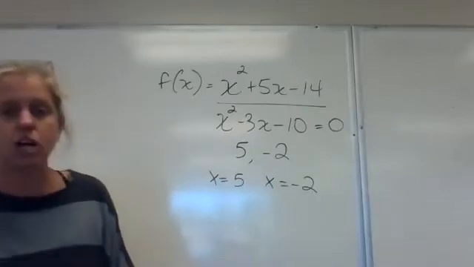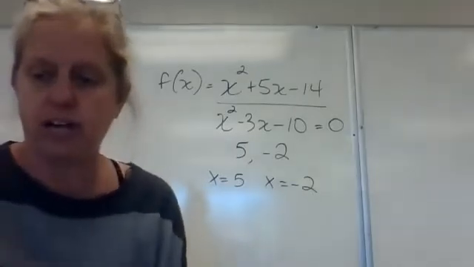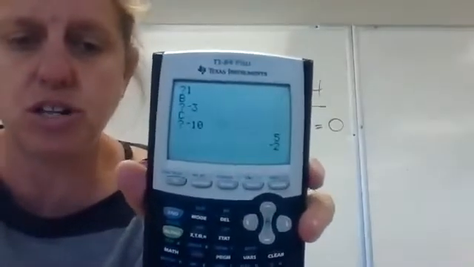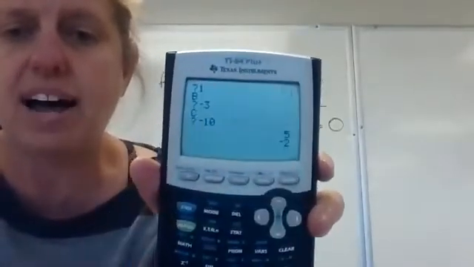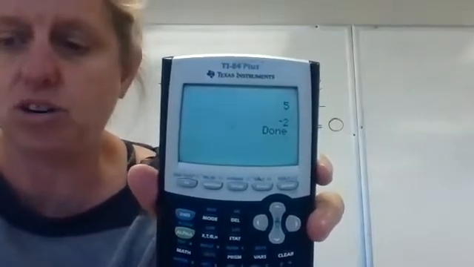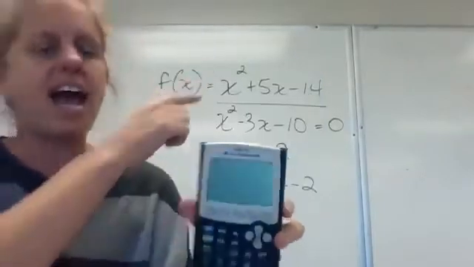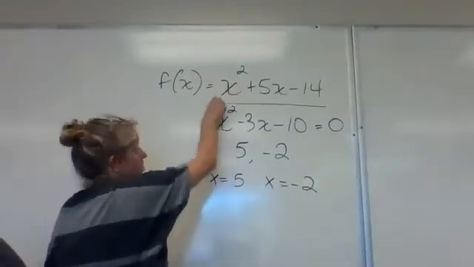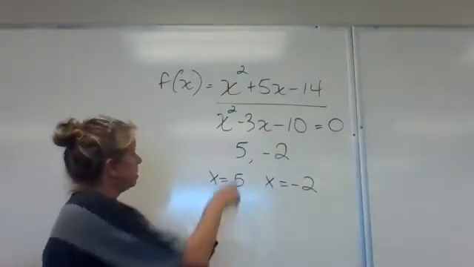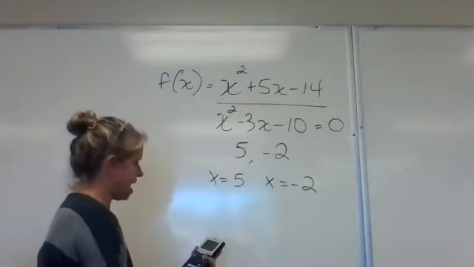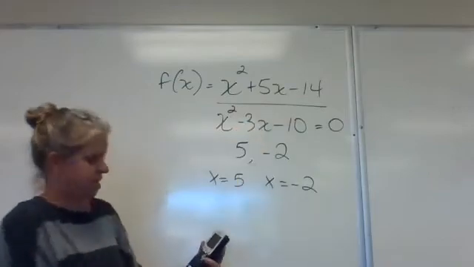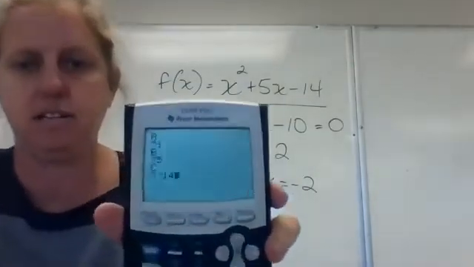So remember, I've got quad, so let's go back to it and make sure that -2 or 5 doesn't come up in this answer also. So what's the A in the numerator? It's 1. B is +5 and C is -14.